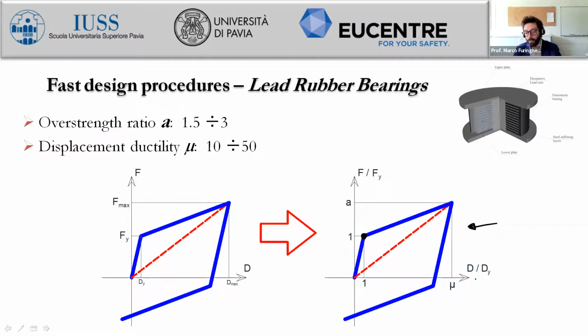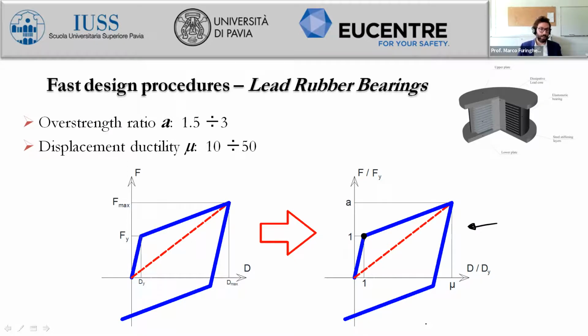The first one, the horizontal coordinate, is represented by the displacement ductility, so the ratio between the maximum displacement and the yielding displacement. And the displacement ductility for this typology of devices can achieve very large values. But this is simply because the yielding displacement can be very small, as we are going to see in the next slides. So this means that the maximum displacement could be very large because we are providing period shift.